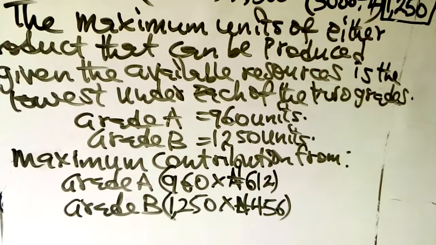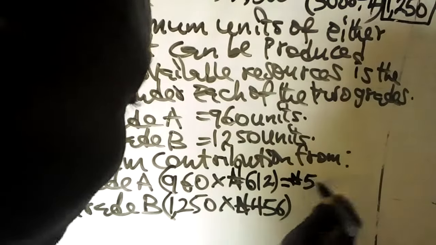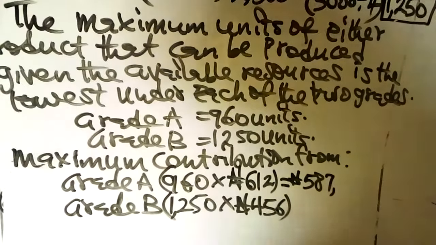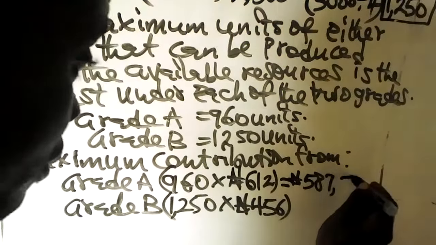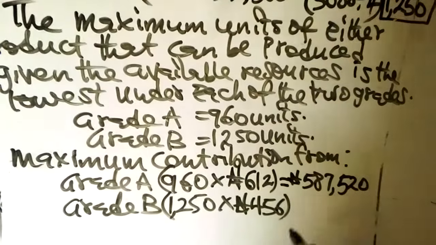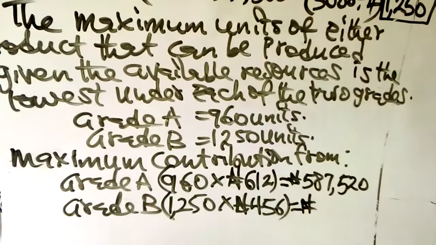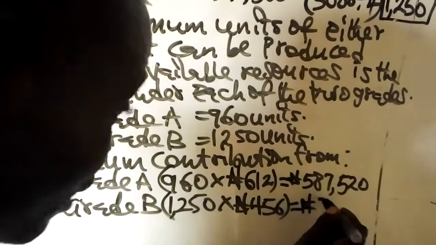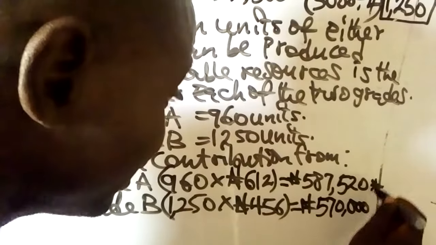So now, if you have 960 times 612, then you have 587,520. For grade B, 1,250 times 456, you have 570,000. So this is the highest contribution.